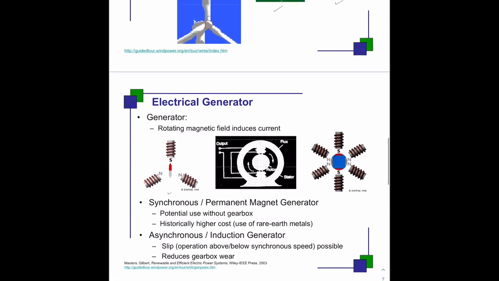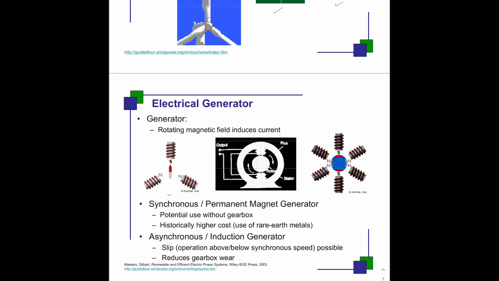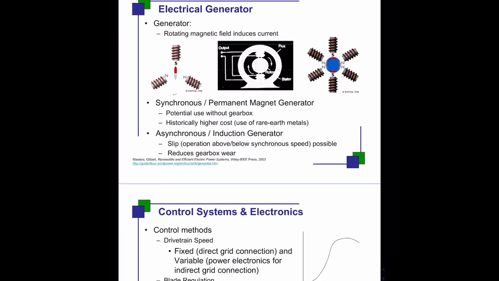We have the synchronous permanent magnet generator, potential use without gearbox, and it's historically higher cost, use of rare earth metals. And we have the asynchronous induction generator, slip operation above or below synchronous speed possible. It also reduces gearbox wear.